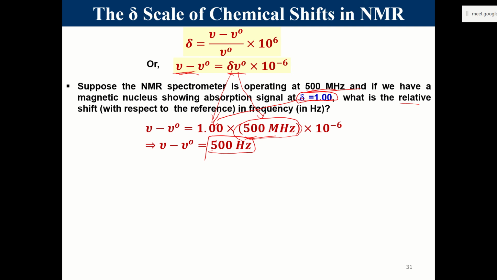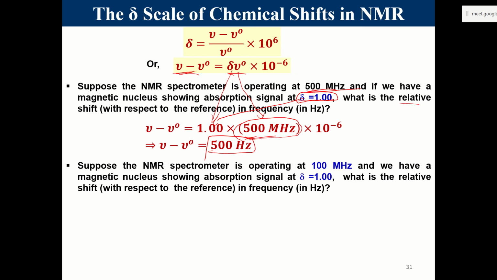So one chemical shift of 1 unit means, on a 500 megahertz signal, a shift of 500 hertz. And a similar thing if you are operating the instrument at 100 megahertz, that will correspond to 100 hertz difference.